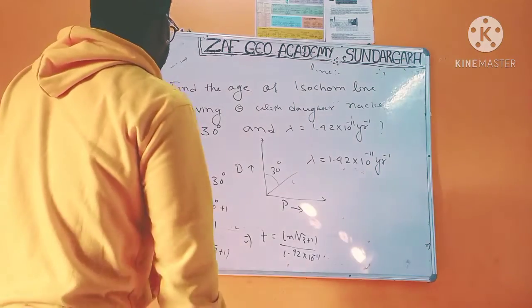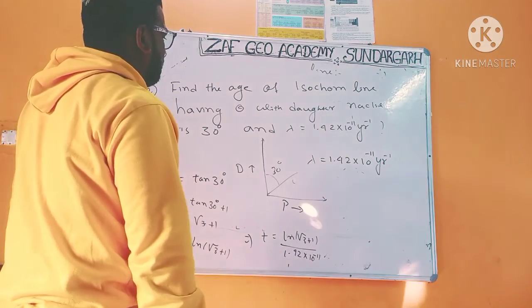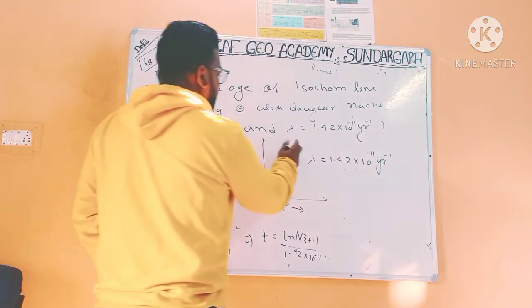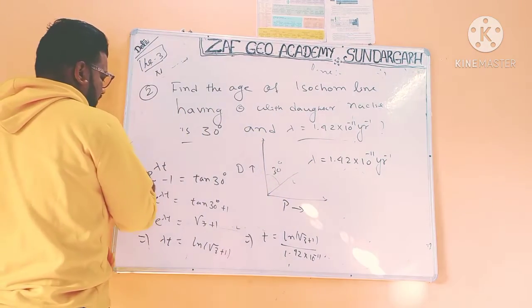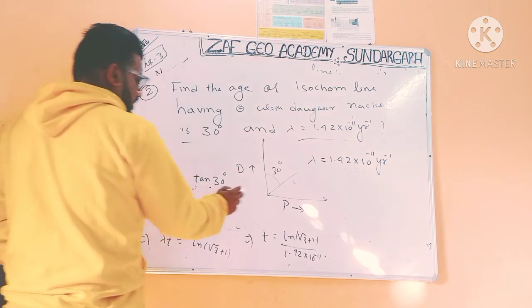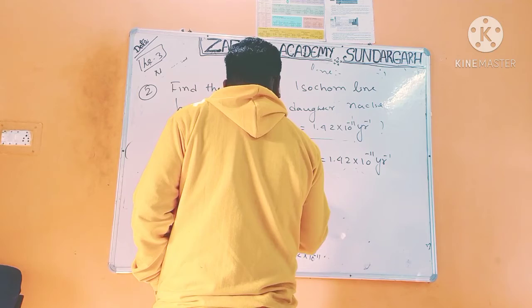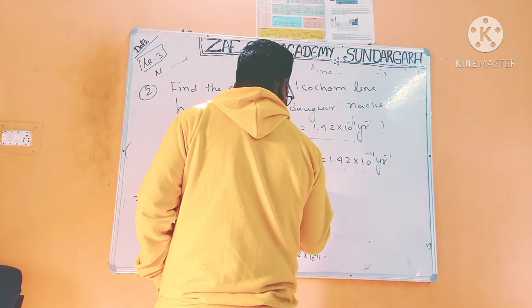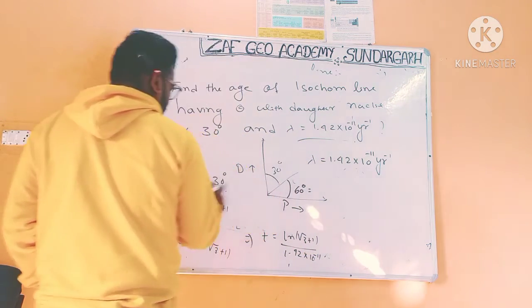This is another GATE question, a numerical. Find the age of an isochron line having theta with the daughter nuclei axis of 30 degrees, and lambda is given. We know the formula e to the power lambda t minus 1 is equal to tan theta, the slope. If this angle is 30 degrees, this angle must be 60 degrees, and this is theta.